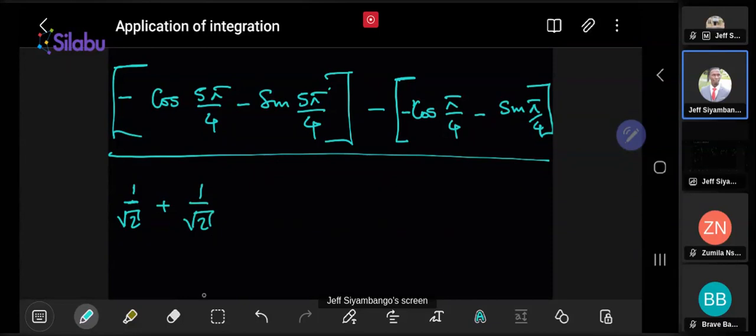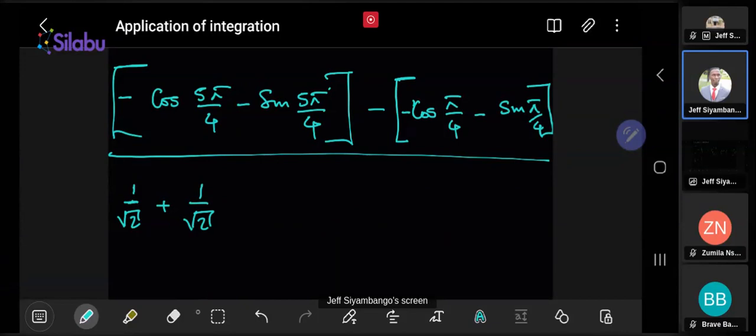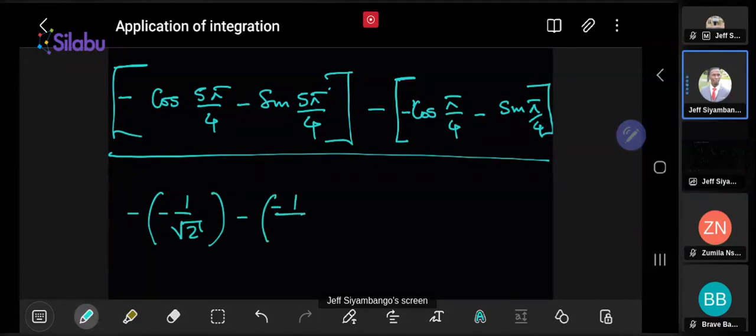Then sine 5 pi over 4 is also minus 1 over root 2.